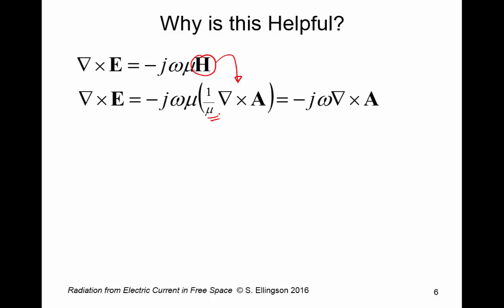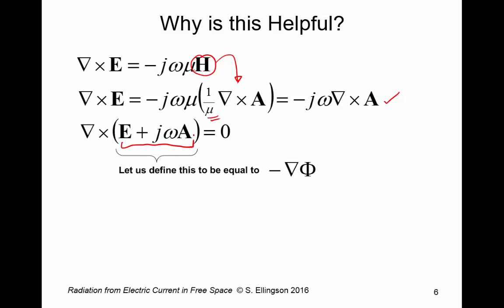Then multiply through, and I get this revised form of the Maxwell-Faraday equation. I'll gather up everything on the left-hand side, and I find that the curl of the electric field intensity plus j omega times the magnetic vector potential is equal to 0.